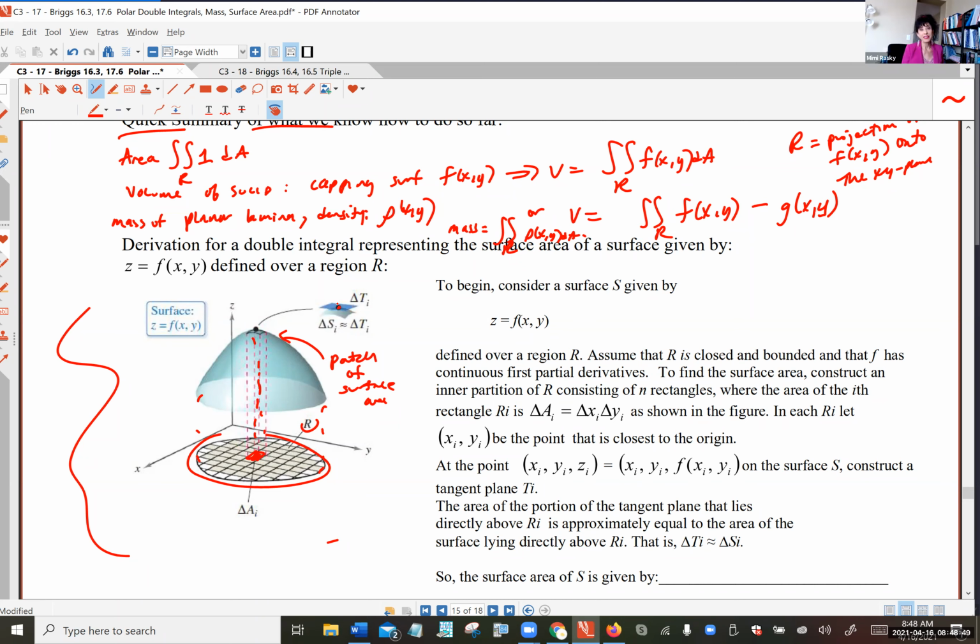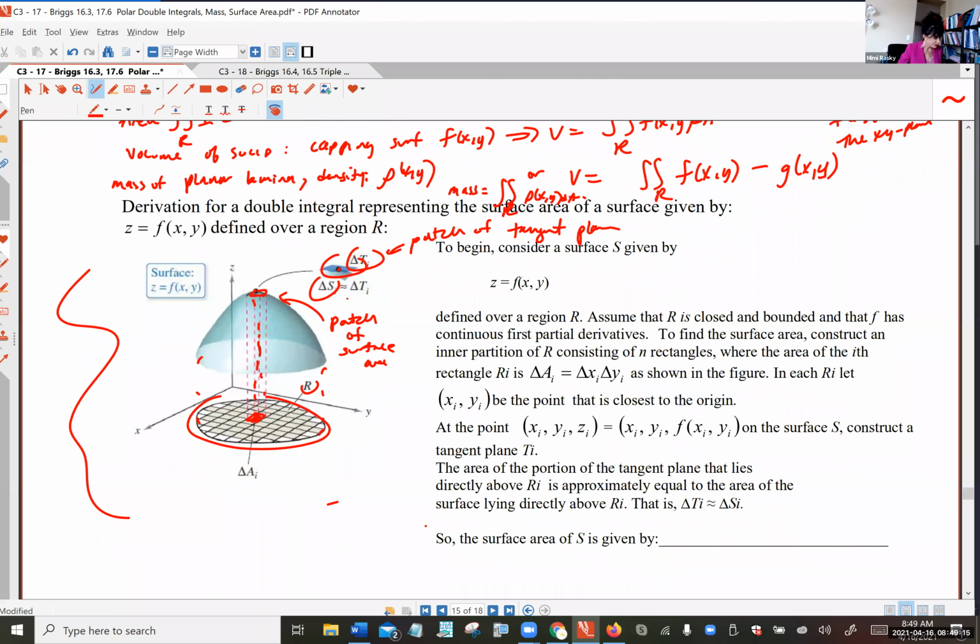So we're going to do a little patch of tangent plane that they're calling delta T. Since we don't know how to find the surface area because it's way too curvy, we're going to look at a flat, tiny patch of tangent plane instead. The idea is to basically paper this entire surface with little flat tangent planes everywhere. It's kind of hard to draw these little flat tangent planes. And then add up all the little teeny tiny patches of flat tangent plane.